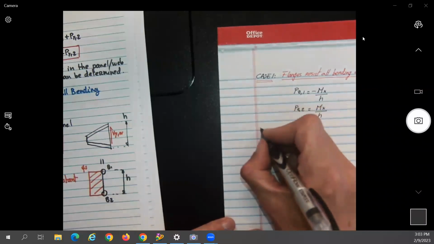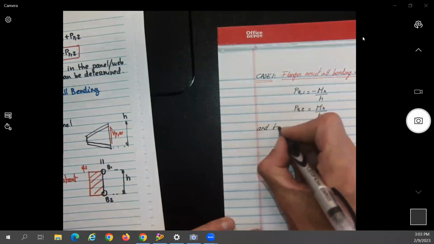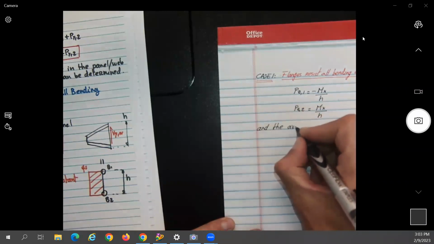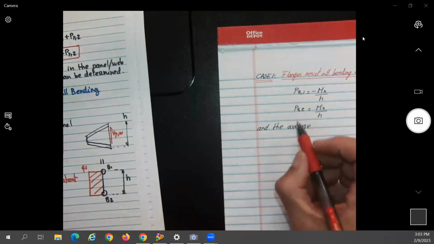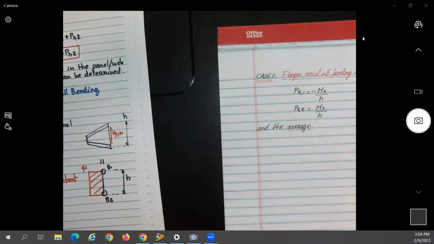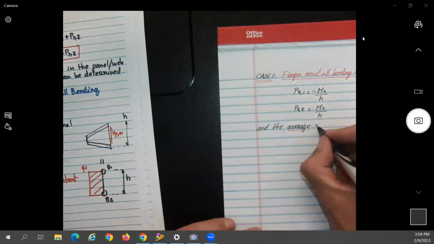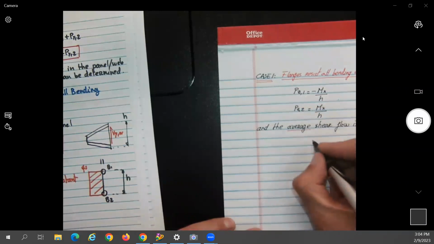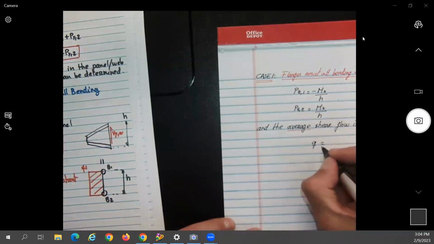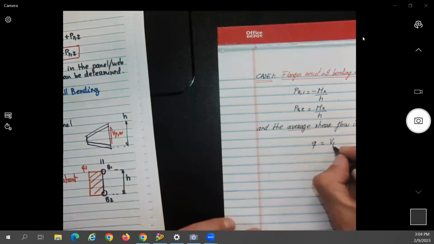Okay, and the average, this is an important word here, the average shear flow is Q equal to V panel over h.